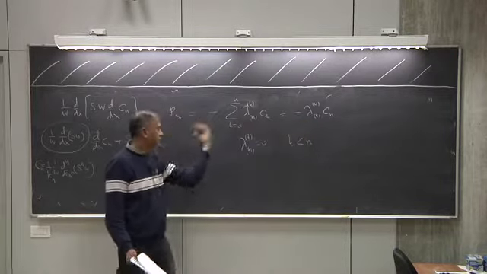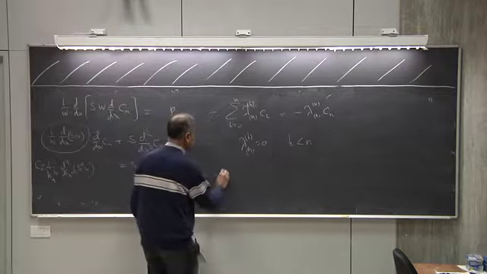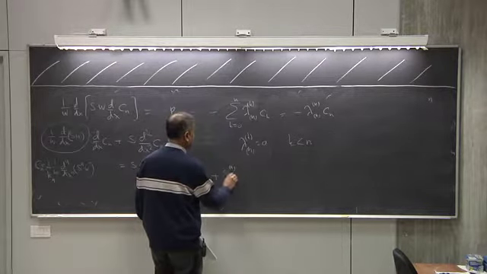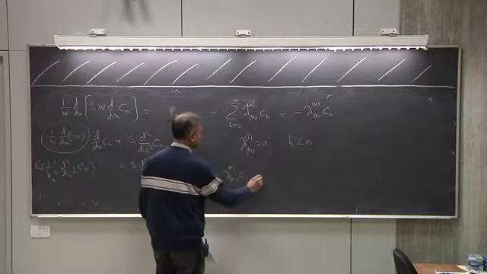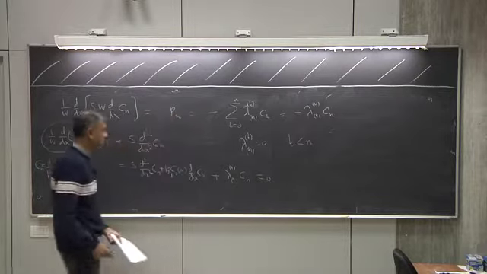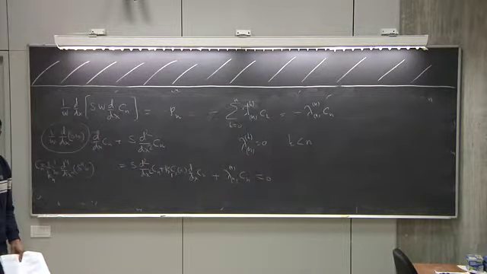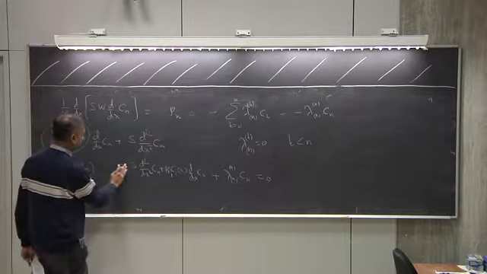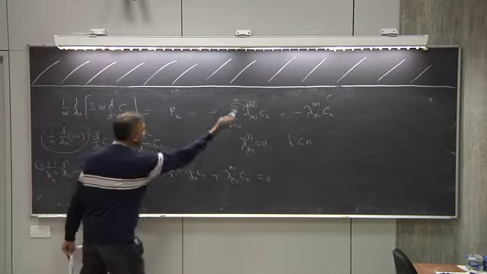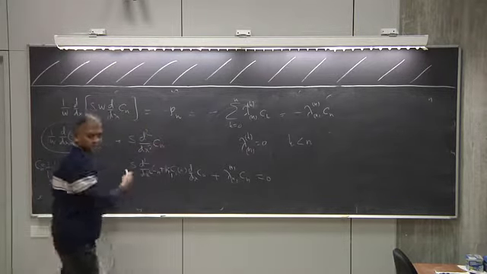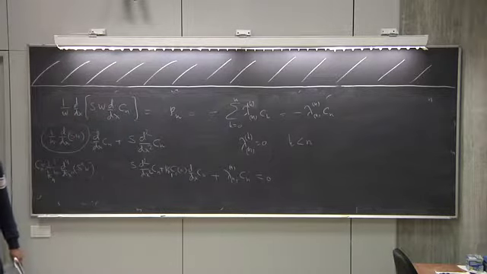So if you bring it on this side, it just becomes plus lambda n n Cn equal to 0. That is what this equation is, right? So combining that and bringing it on this side, you get this differential equation, which is a second order differential equation, right?